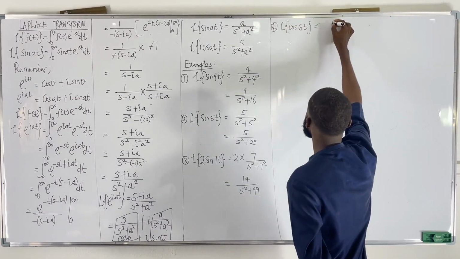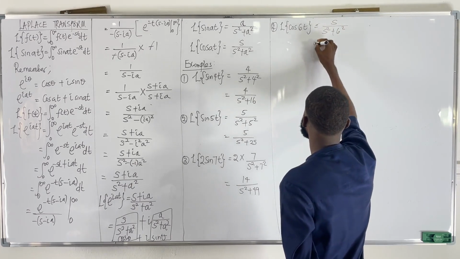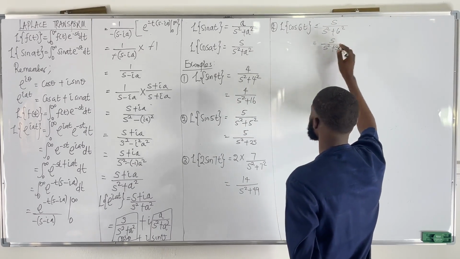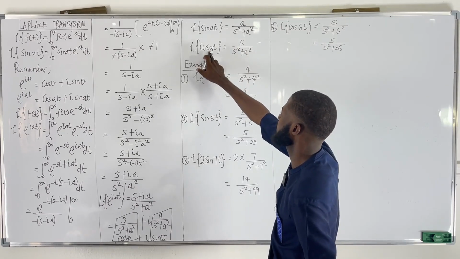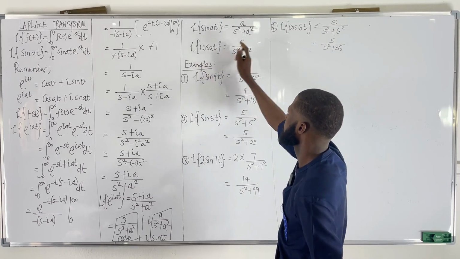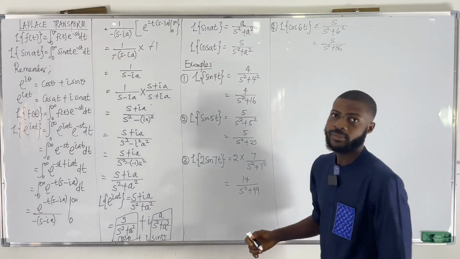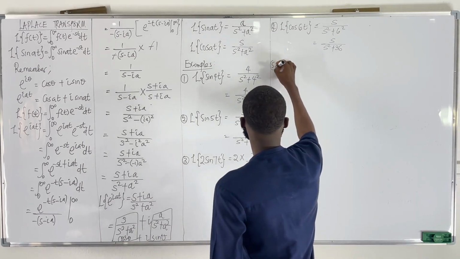So this will be s divided by s squared plus a squared, so this will be s divided by s squared plus 36. Because when you compare these two things together, cos 6t, a is 6.